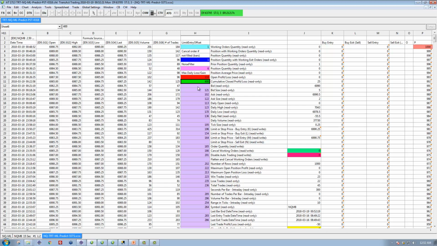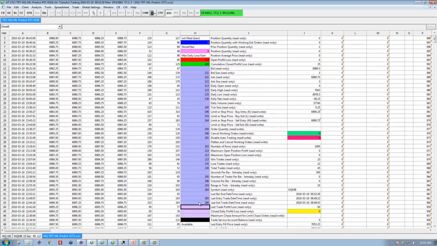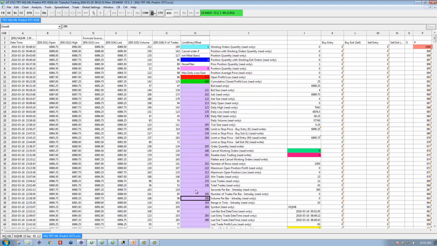All right, so it's just a quick review. The H column only is what you have to worry about. The action codes are covered in the market behaviors tutorial, so there's more information there. Limit entry offset: how far back from the close of the bar should I place my limit order?